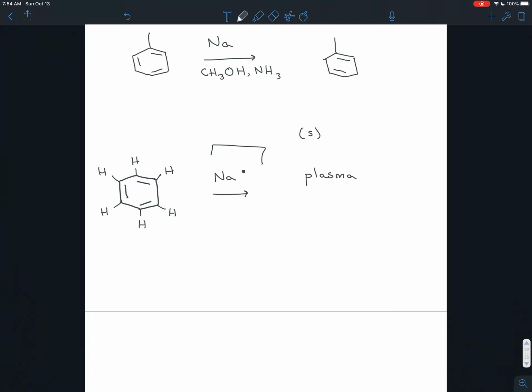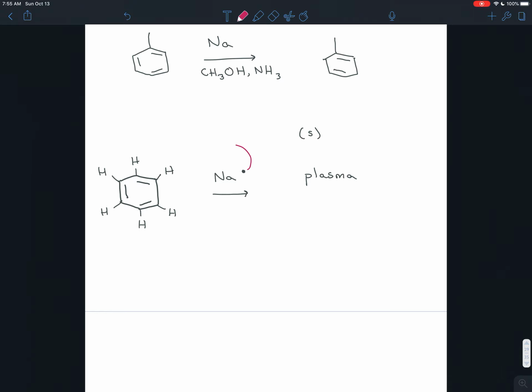The only way we're going to get it to react is to react it with something that's really reactive, and that would be a radical, something that has an unpaired electron. And because all of those electrons in sodium are disassociated from individual nuclei, it's easy for the big glob of sodium to lose an electron. And so that's what happens in this first step.